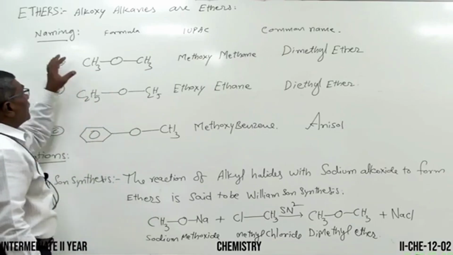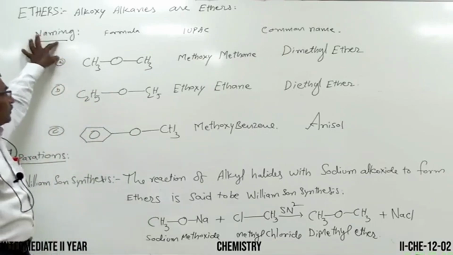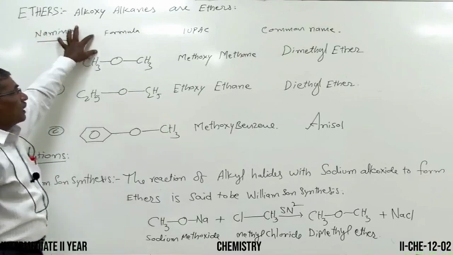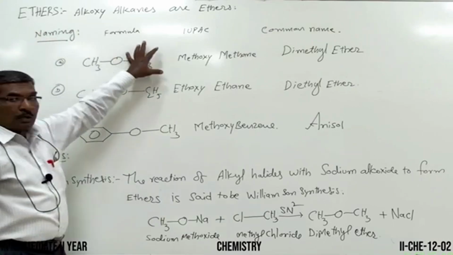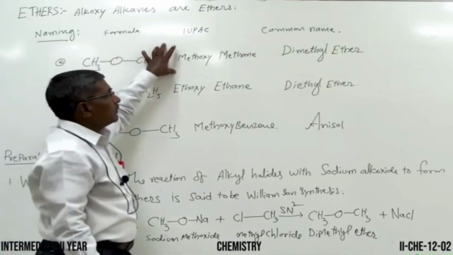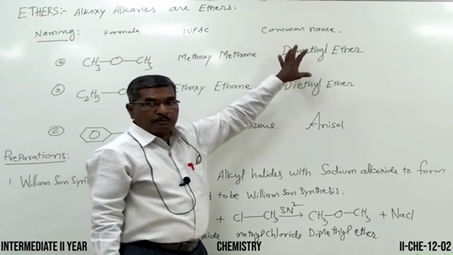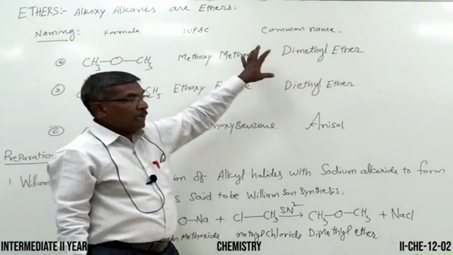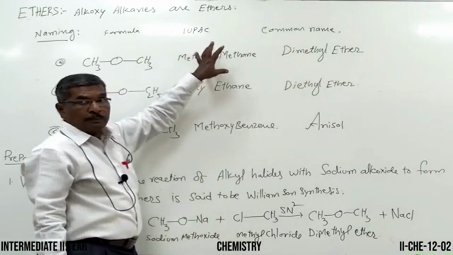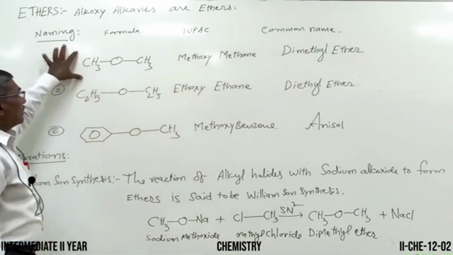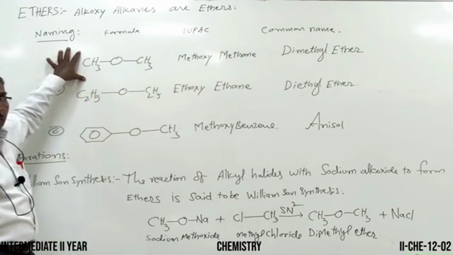Come to the naming of ethers: the formula according to the IUPAC system and the common name. You might have practiced this in your first year. Now let us take some examples in naming of ethers.